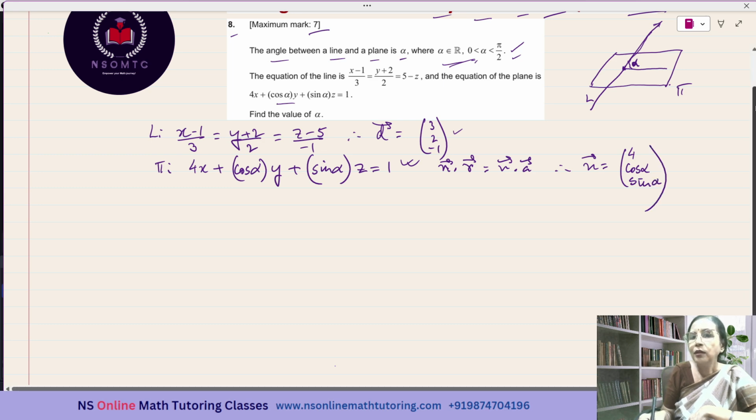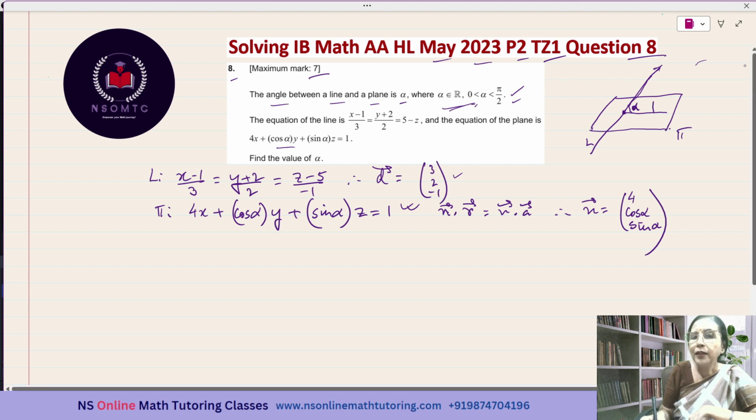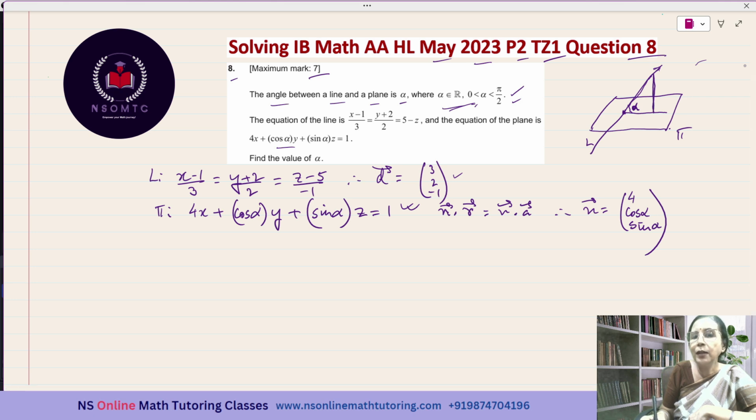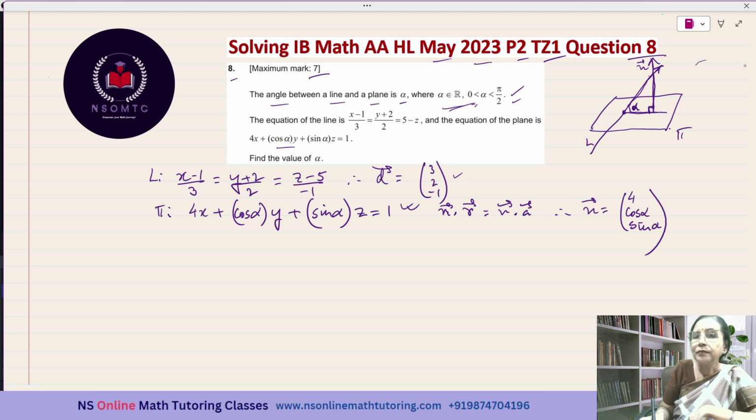Let me draw the normal vector to the plane. Maybe this is the normal vector to the plane. Since it is a normal vector, it will be normal to every line which is on the plane pi. Definitely this is a line on the plane pi, so it will be normal to this line. That means this angle will be 90 degrees. This is the normal vector, and I'm taking this to be the direction vector.